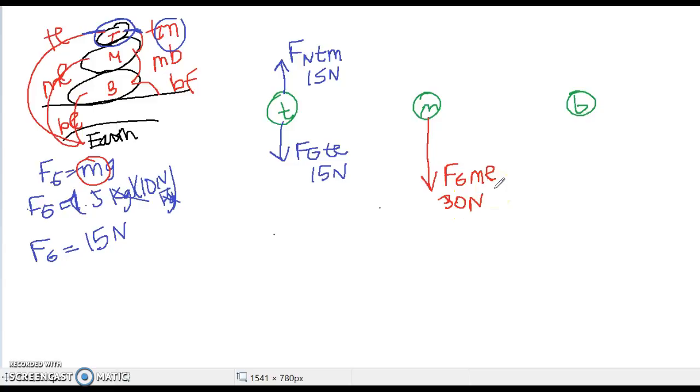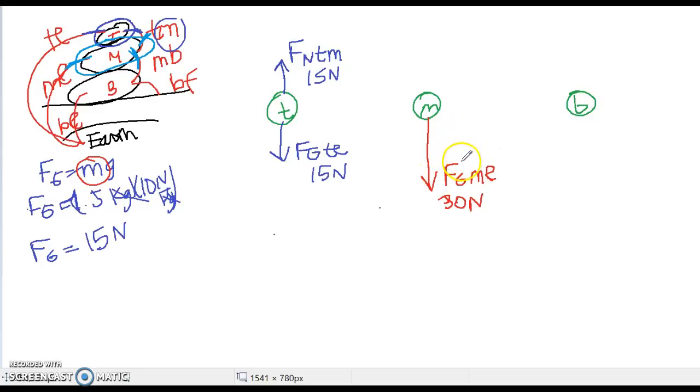All right. So if we look at the middle rock, okay, let's see who's interacting with the middle rock. Okay, I see 1 from the earth, 1 from the bottom rock, 1 from the top rock. So he's going to have at least 3 interactions. Sometimes if there's friction, there can be a 4th. Okay, but this one's not even trying to move, so it's not going to have any friction.